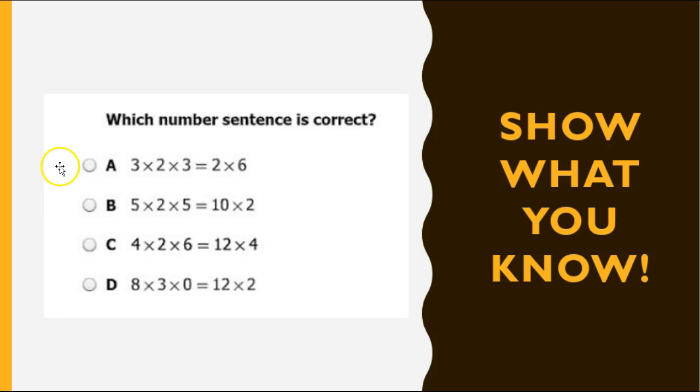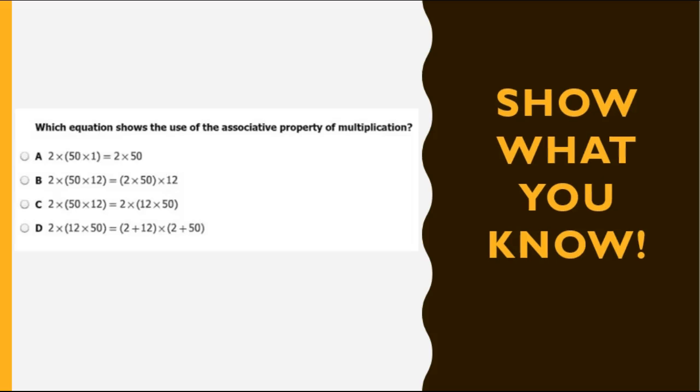In other words, which equation is balanced? Look carefully at this question. It says, which equation shows the use of the associative property of multiplication? Look closely.